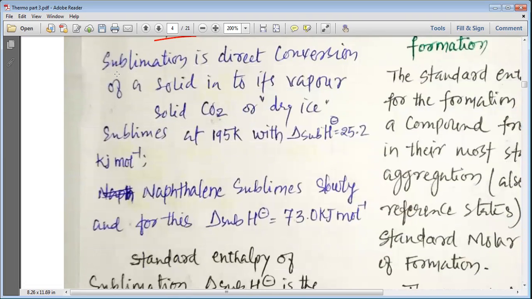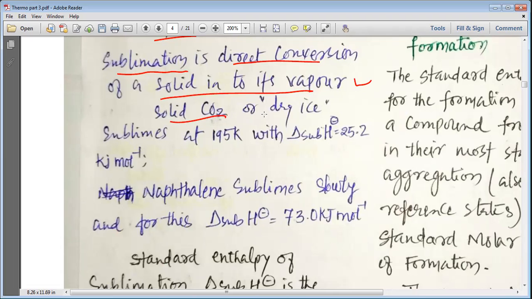Now, my dear students, we want to study the phase transformation known as sublimation. Sublimation is the direct conversion of a solid into its vapor, without passing through the liquid state.